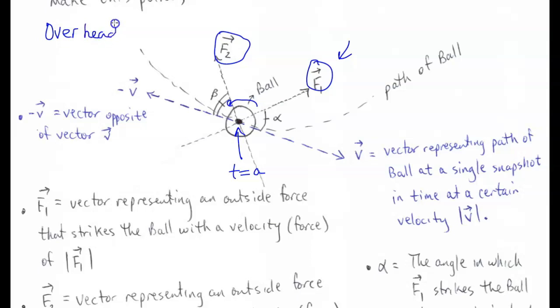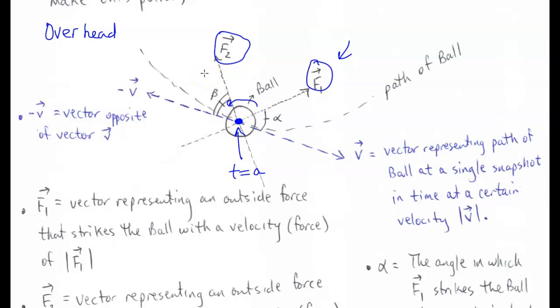You can imagine that this dot right here is the positive z-axis shooting out of the screen towards you. From that standpoint, if I hit the ball with force F2, it should be spinning counterclockwise, and if it's hit with force F1, it's going to be spinning clockwise.